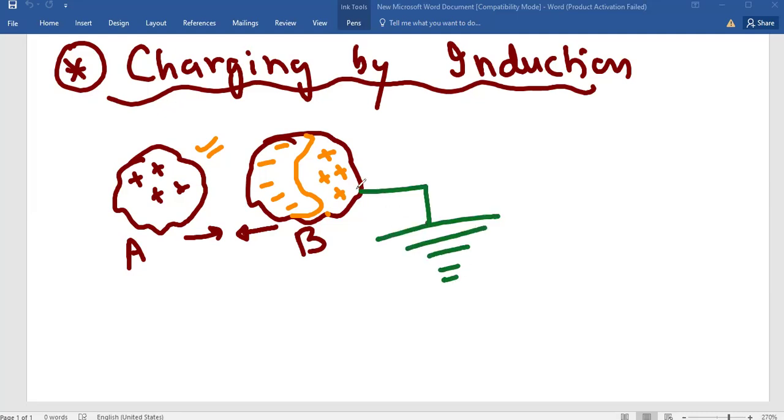That is, you have to ground object B, and you have to do this only for a fraction of a second. So you just touch body B with the ground and immediately remove it. When body B is grounded, Earth has the property of neutralizing charge. It means Earth does not like charge.